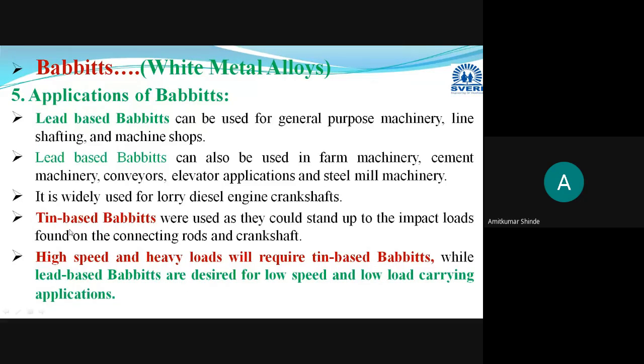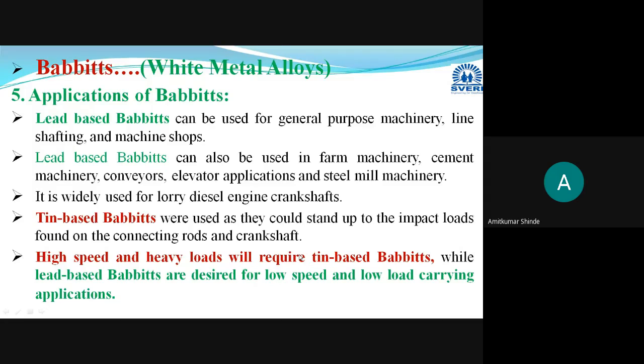Few examples of lead based babbits are in some farm machinery, cement machinery, conveyors, different elevators or machine shop equipment. And tin based babbits are used where impact loading conditions are found on the connecting rods, crankshafts, or lorry diesel engine crankshaft material.